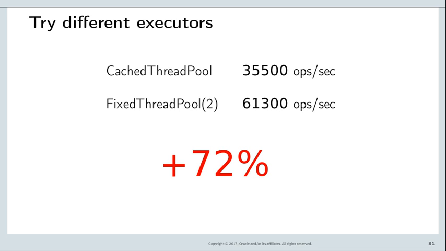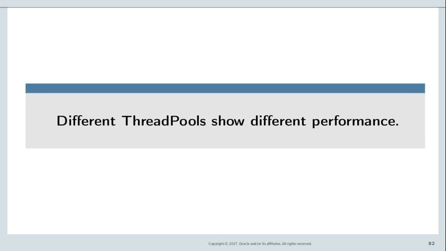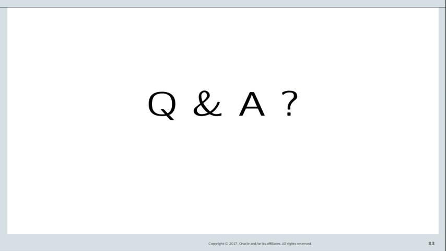It's 32% better than the default executor, the cached thread pool. Again, if you're working with an asynchronous API, don't think only about CompletableFutures. Think about executors, because anyway you have to specify one and work with it somehow.